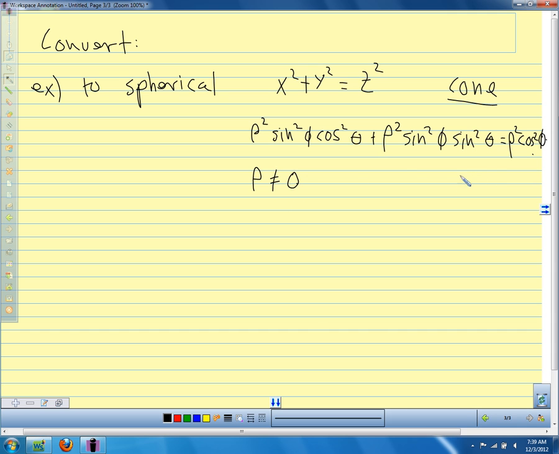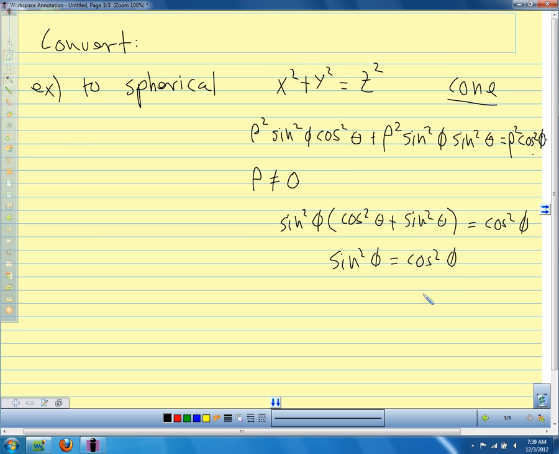So we divide everything by rho squared. So I get sine squared, and let's factor out this sine squared phi times cosine squared theta plus sine squared theta equals cosine squared phi. This is 1, so I get sine squared phi equals cosine squared phi.